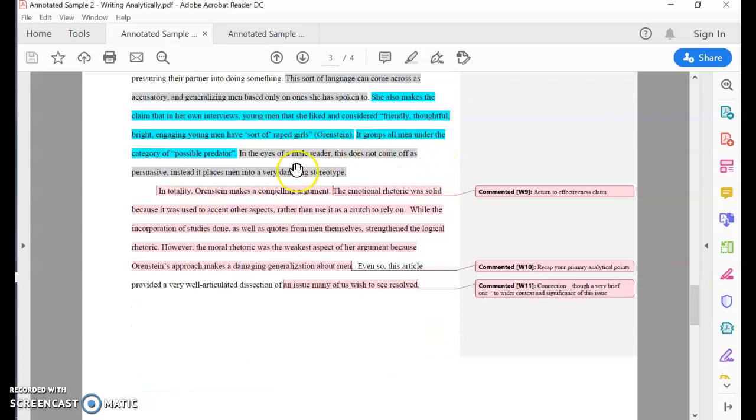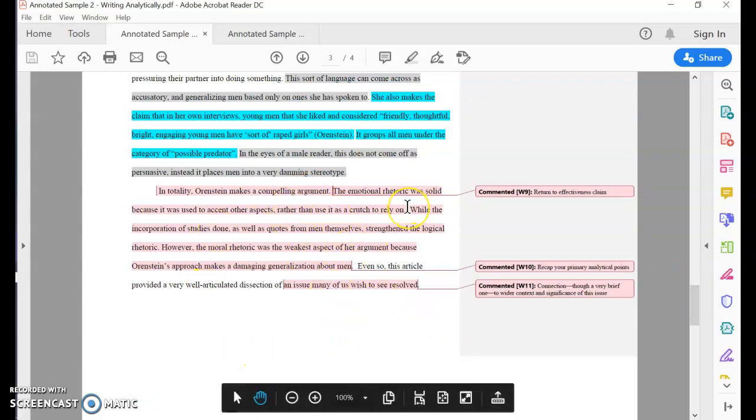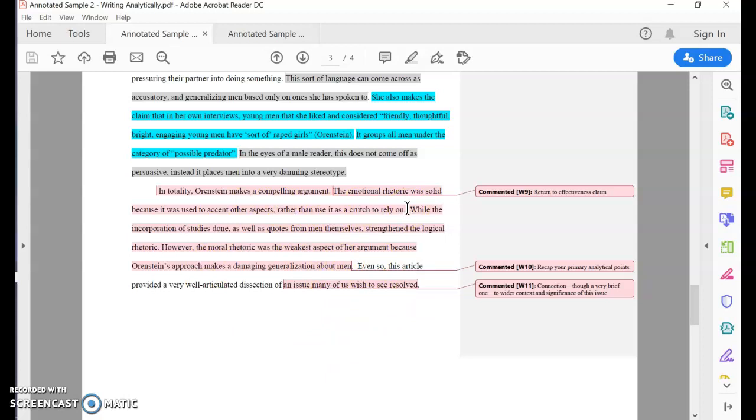I'll just finish up here quickly with the conclusion. This one's a little bit shorter, but I think it still gets the job done. Maybe it's not as good as the one we just looked at in that sense, but this writer makes a compelling argument, returning to the effectiveness from your thesis statement.